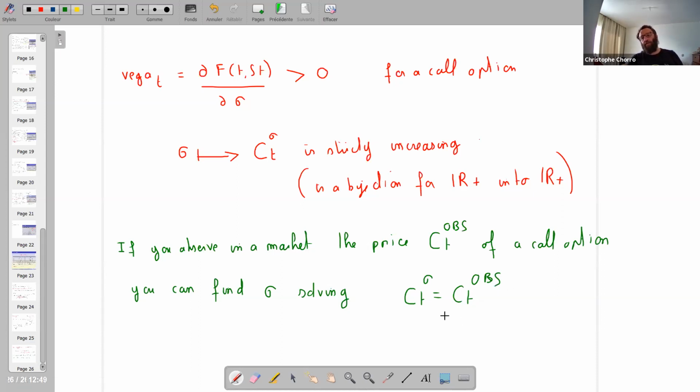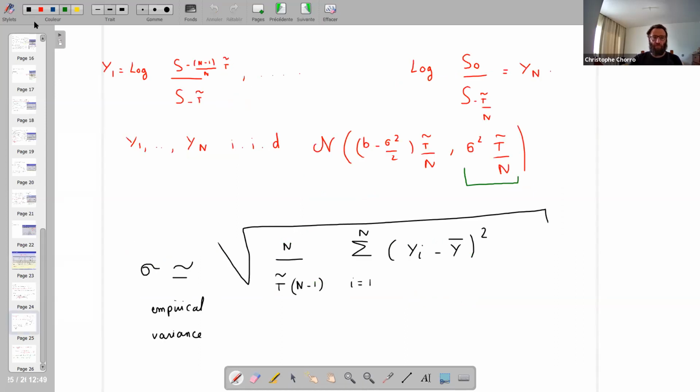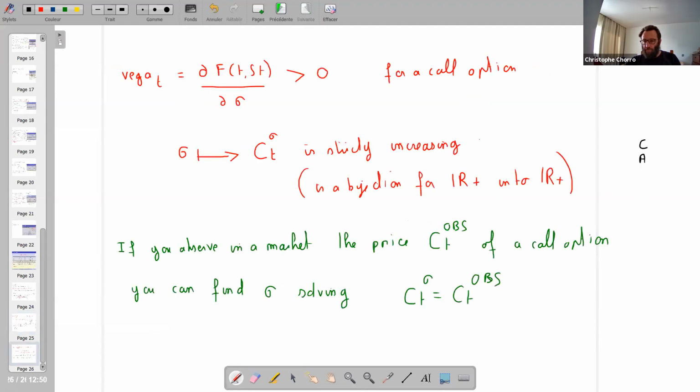You know that you have a unique solution to this equation from my preceding argument. And so you can plug in the good sigma, and find it explicitly, in order to match the observed market price for a call option. The previous approach here is called estimation. The second approach here is called calibration.